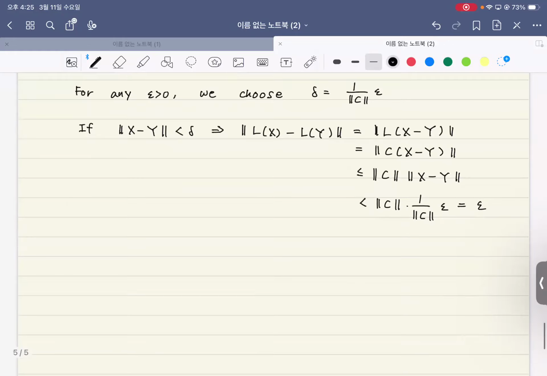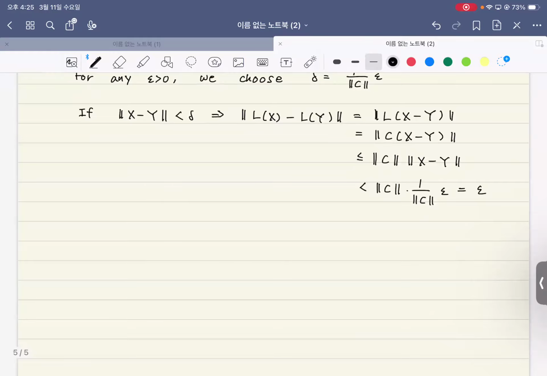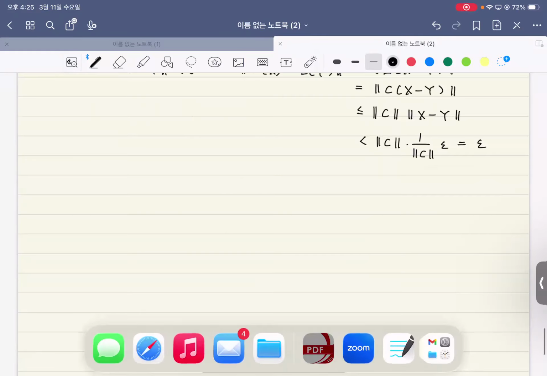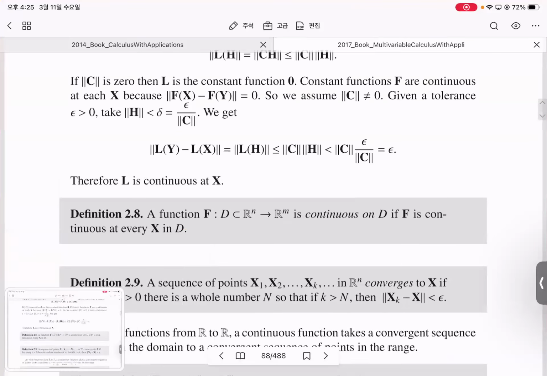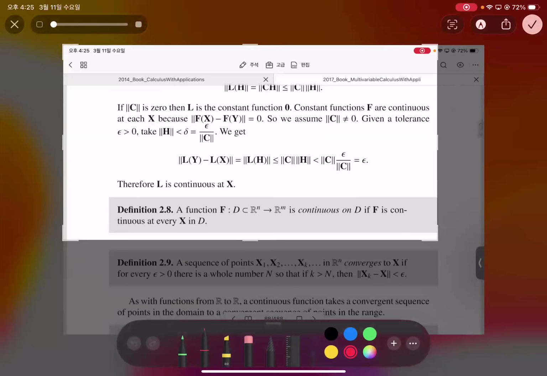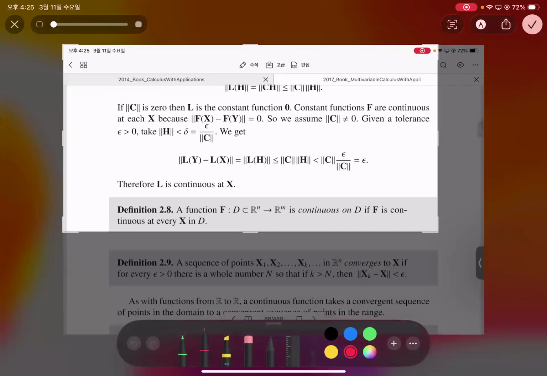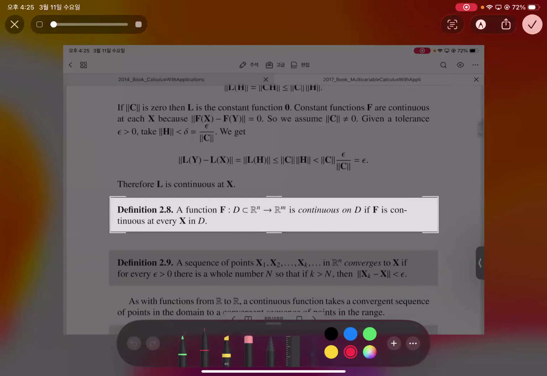Now I am about to introduce many interesting, useful, and obvious theorems without proof. From now on, you can take advantage of all these theorems without any justification. The first one is the definition.